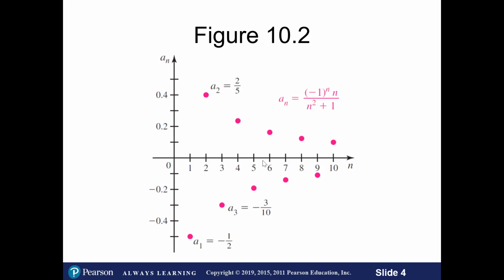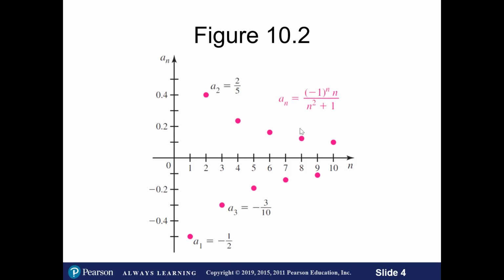The first one, -1 to the first times 1 over 1 plus 1, is -1/2. Then plug in n equals 2, that's going to give us a positive. n equals 3 is negative. And you can see that this bounces back and forth, positive to negative. But as n grows larger, the magnitude of the terms gets smaller and smaller.